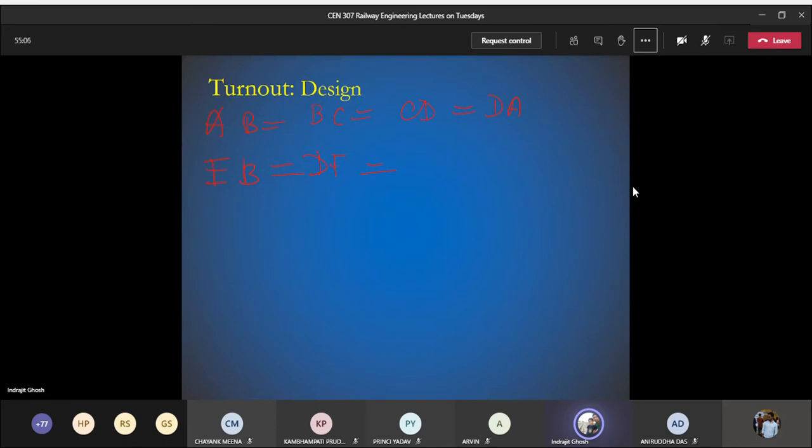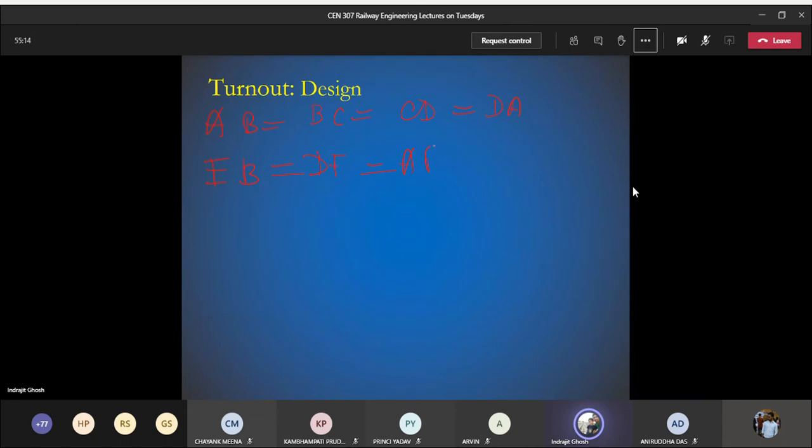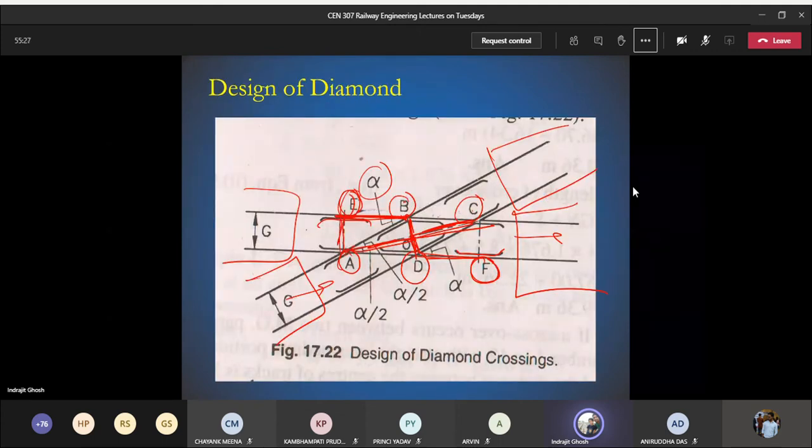So let us look at this triangle. This is alpha. So this is straightforward: AE cot alpha. What is AE? AE is the gauge, G. What is cot alpha?